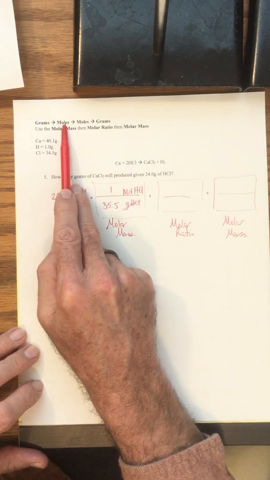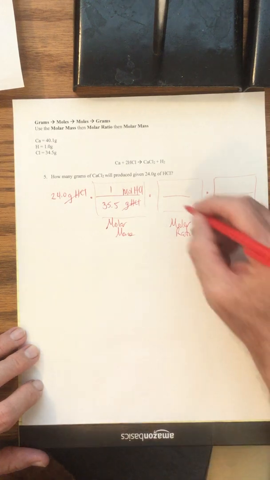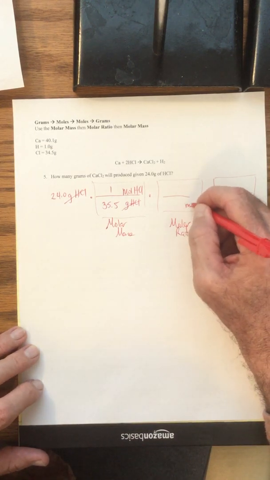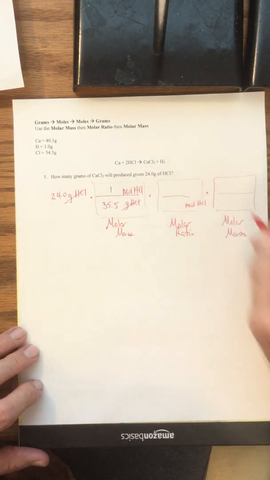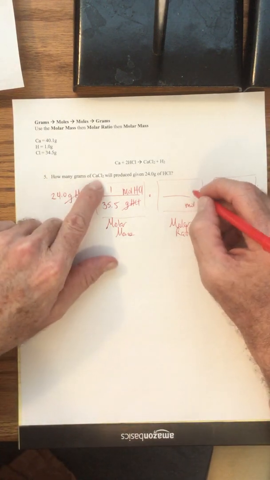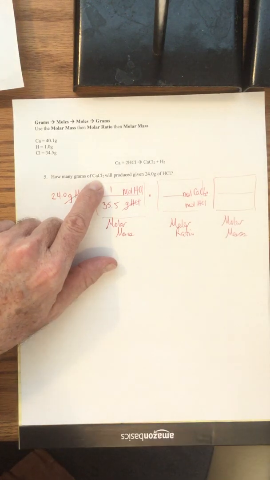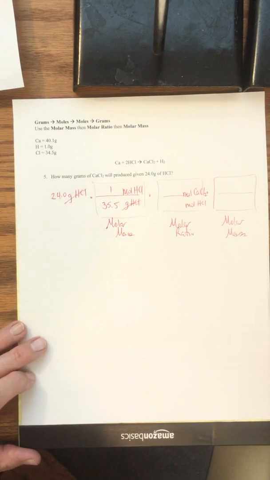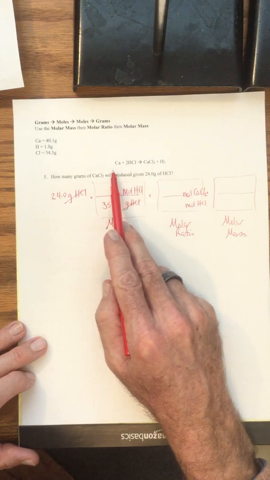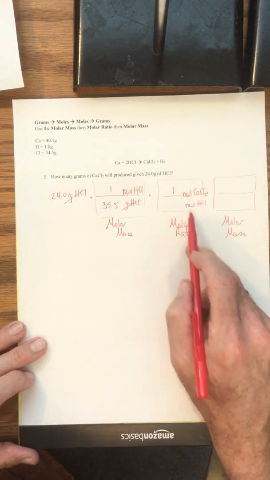Now why not convert from moles of reactant to moles of product using the molar ratio? So I'm going to cancel my moles of HCl, and I'm looking for calcium chloride, so the moles of CaCl2. What's that ratio? If you look at the coefficients, the CaCl2 is 1.